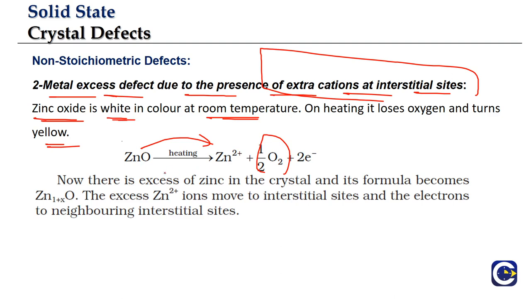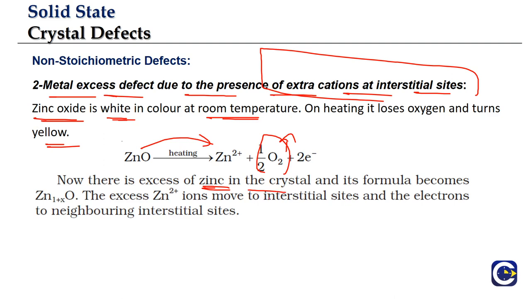So what is happening in the process? From the zinc oxide, the oxygen gas is getting evolved. As a result, the zinc ions that are getting formed will not be able to take the place of the crystal lattice sites, because the corresponding sites of the cations and anions are now displaced.